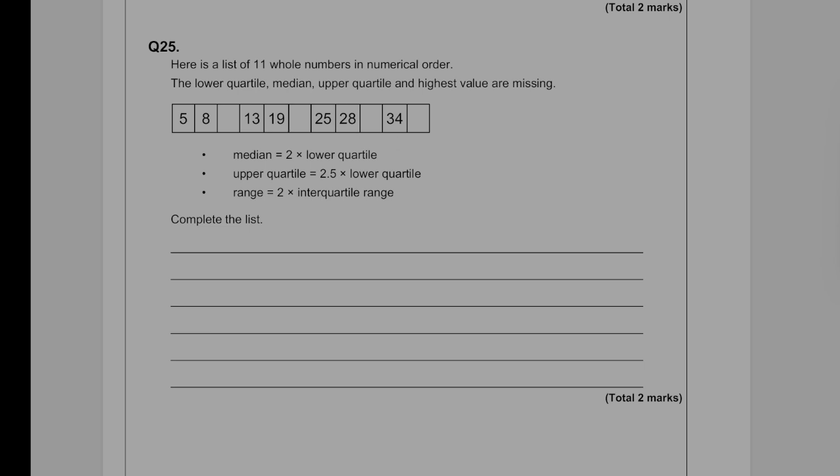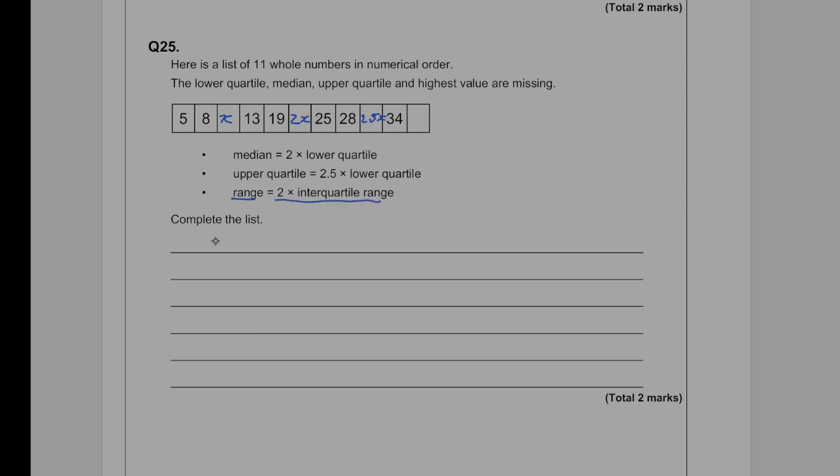So I'm going to call this value x, and then the median is 2 times the lower quartile, so that would be 2x. And then the upper quartile is 2.5 times the lower quartile. So that is going to be 2.5x. And the range is 2 times the interquartile range.